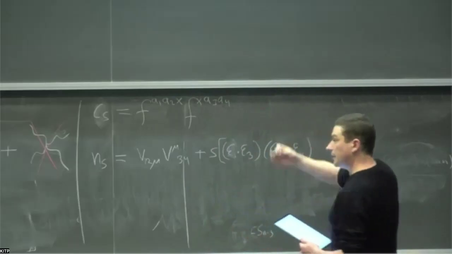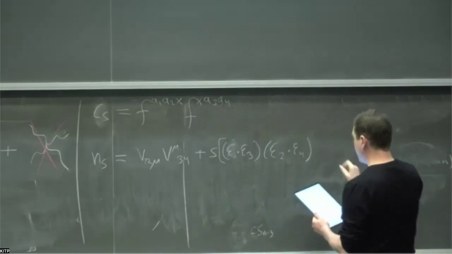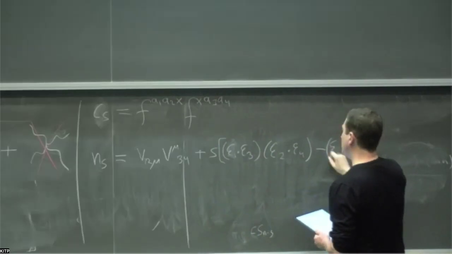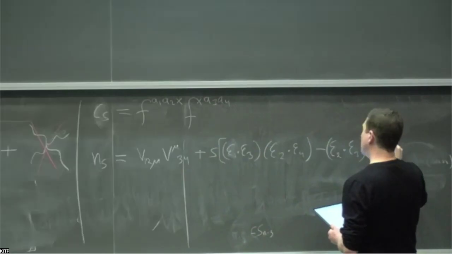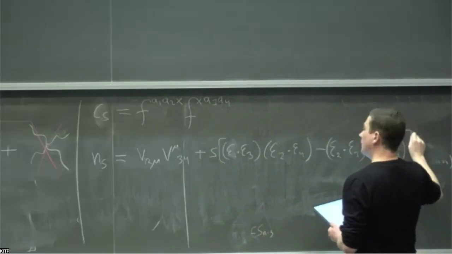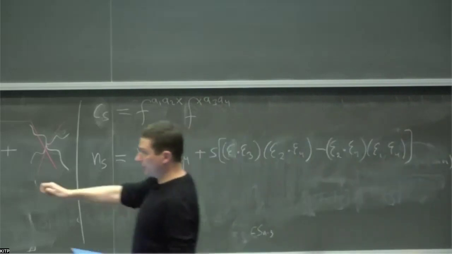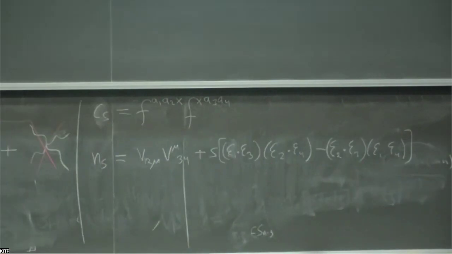And then the diagram has to be antisymmetric in 1 and 2, so I have to subtract the term where 1 and 2 are flipped. It's pretty much obvious, the only thing you can write. I cannot write epsilon 1 dot epsilon 2 because that would never be antisymmetric. I want something antisymmetric.